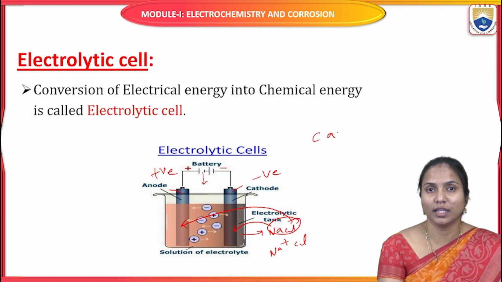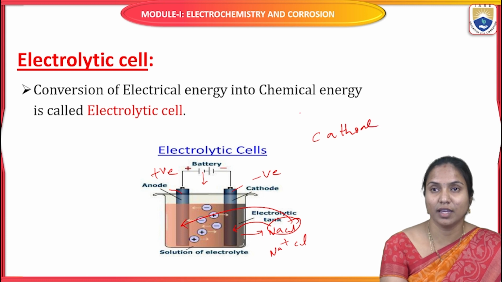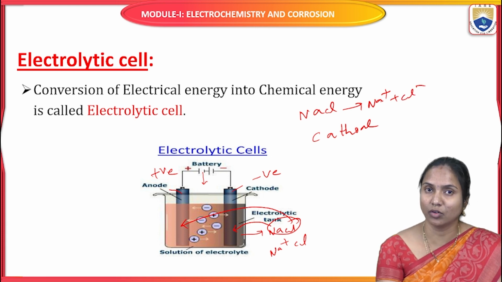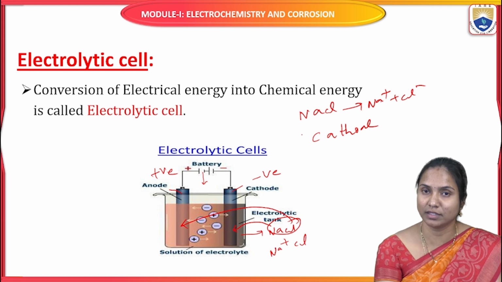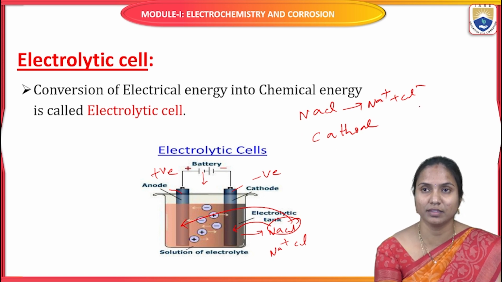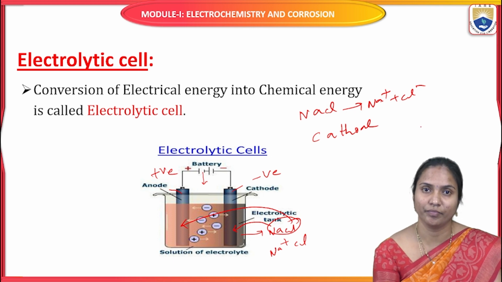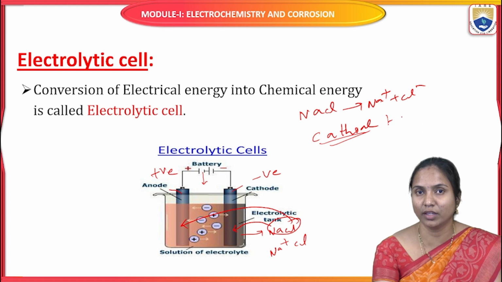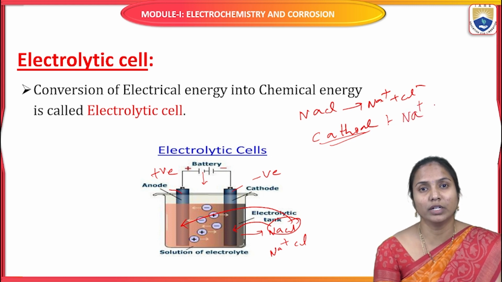At first, when we pass electricity through this solution, NaCl decomposes into Na plus and Cl minus ions. At the cathodic area, Na plus is involved.